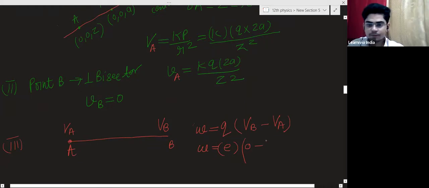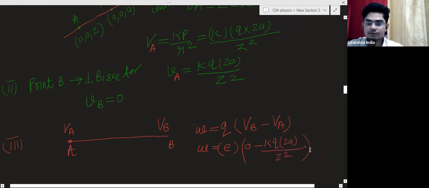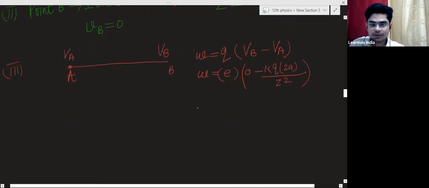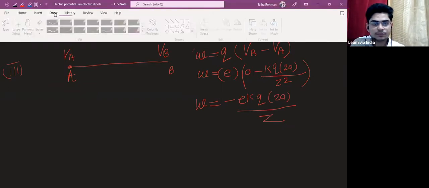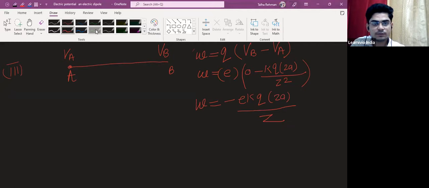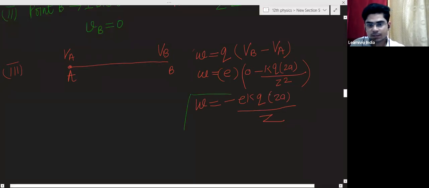So from here we can calculate the work. Work will be minus e K Q into 2A divided by Z square. Okay, fine, guys. And this is our answer of this last part.